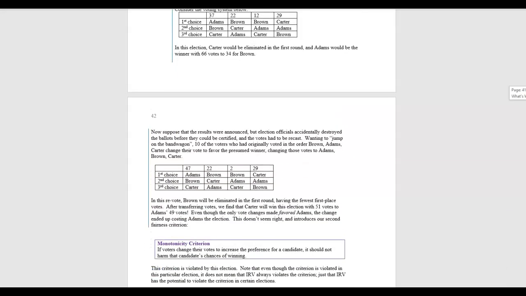So if voters change their votes to increase the preference for a candidate, it should not harm that candidate's chances of winning. So it certainly should not have harmed Adams' chances of winning by putting him as the top choice for these 2 people. But it did. It changed the actual outcome in the instant runoff method to Carter instead of Adams, who would have won up here.